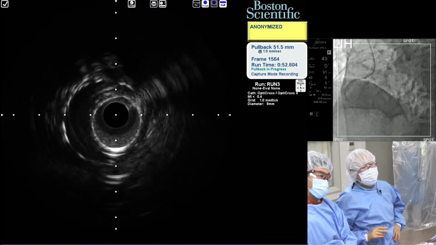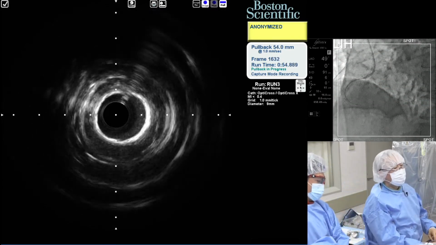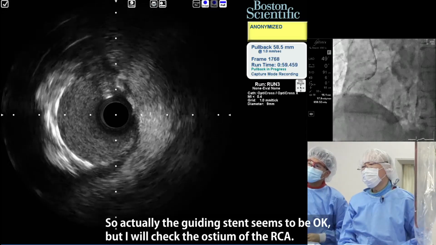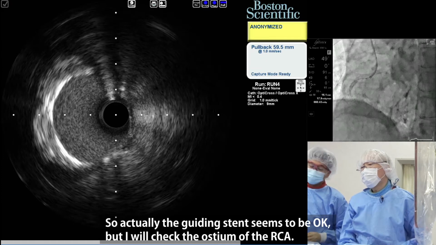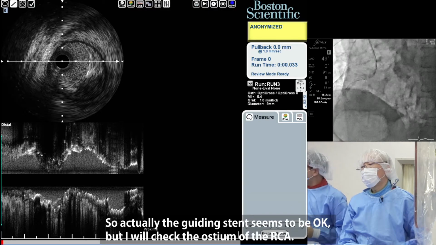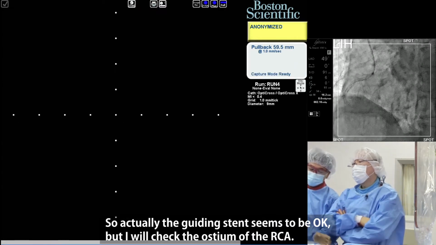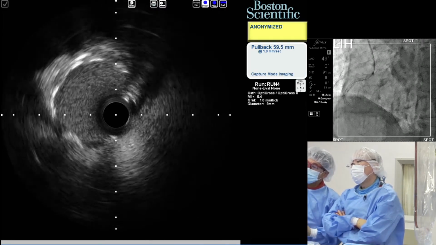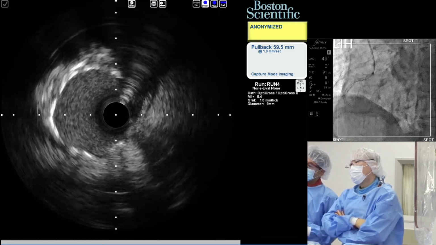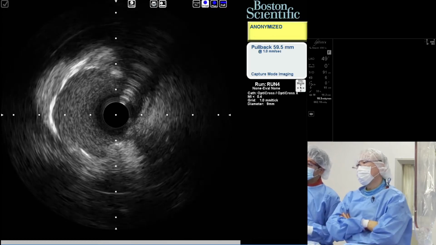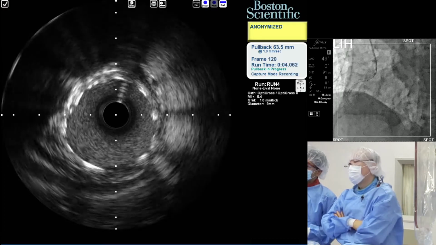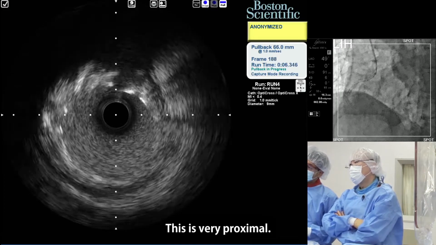So let's look at the ostium. Actually, the stent seems to be okay, but I will check the ostium of the RCA. This is very proximal.